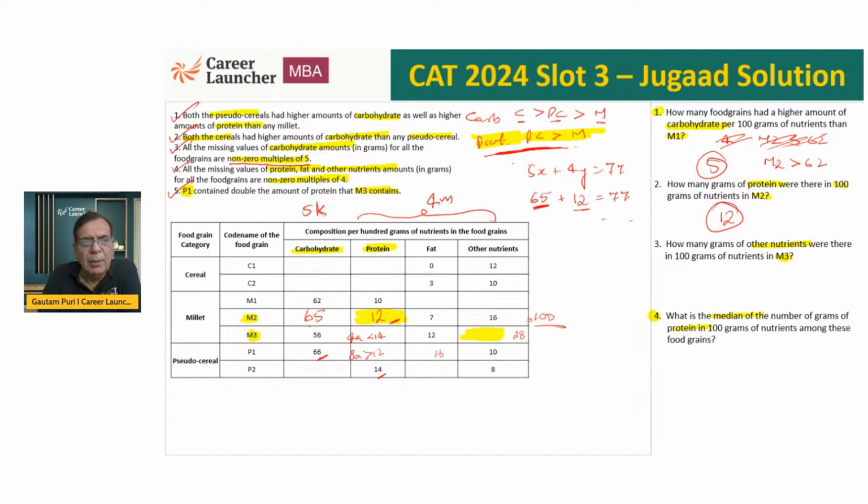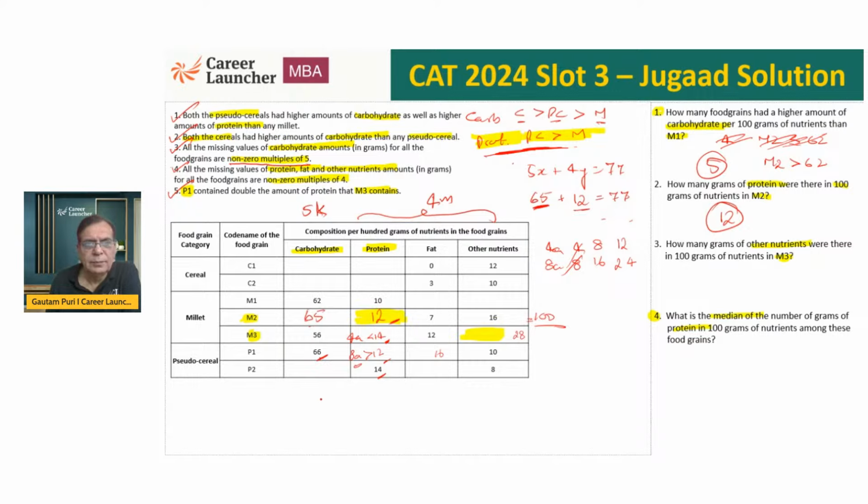Now please tell me, what are the possibilities for 4A and 8A? 4, 8. Because 8A should be greater than 12, so this goes away completely. Then 8, 16. 4A is less than 8, less than 14, 8A is more than 12, perfectly fine. Then 12, 24.